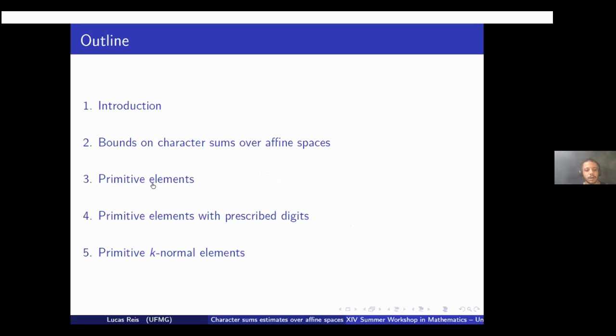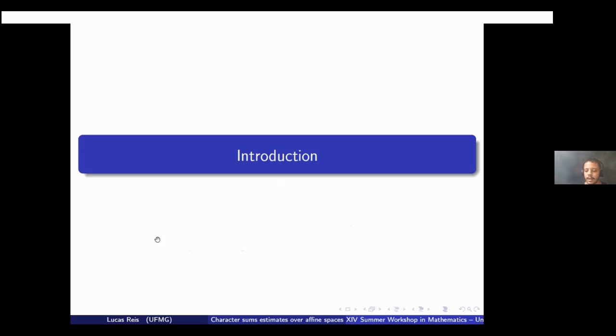And then we talk a little about primitive elements and what we can say about the existence of primitive elements in affine spaces, considering the new bound I will present here in section 2. And after that, I just present two main applications of the main results.